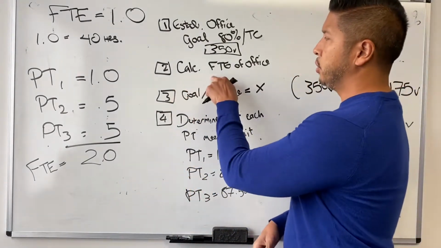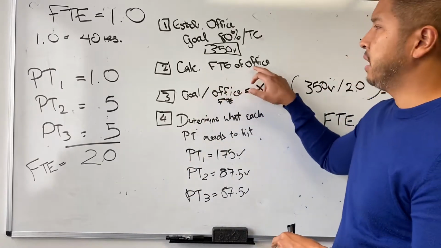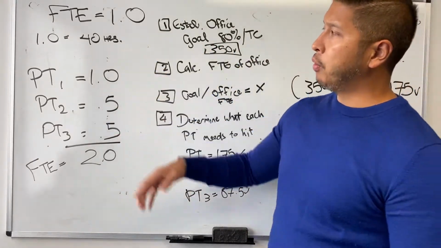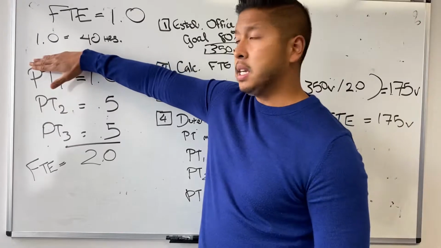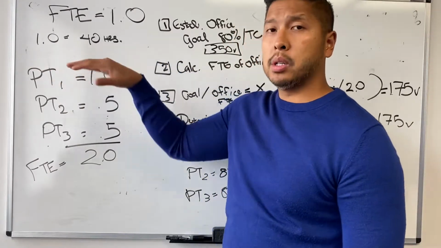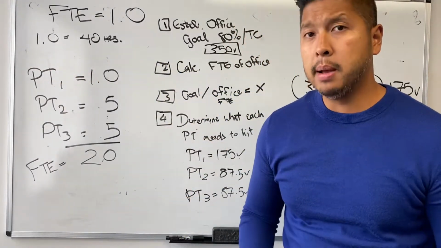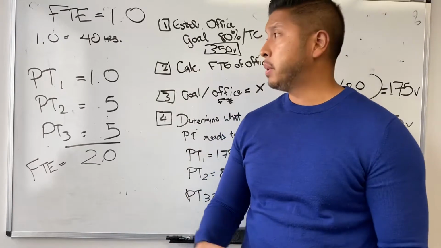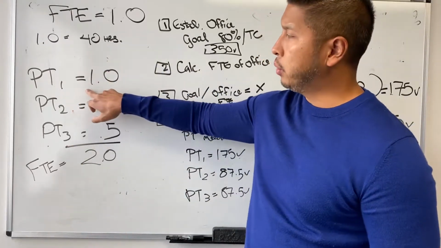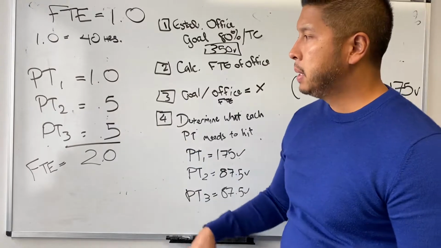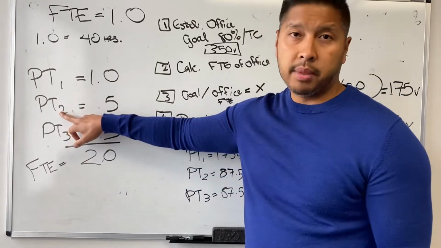The second thing you're going to do is calculate the FTE of the office. So if you come on over here, one FTE is equal to 40 hours. That means if you have a full-time staff therapist, there are 40 hours, so they're listed as 1.0. PT2 is a per diem therapist.